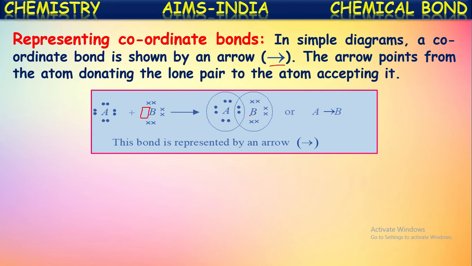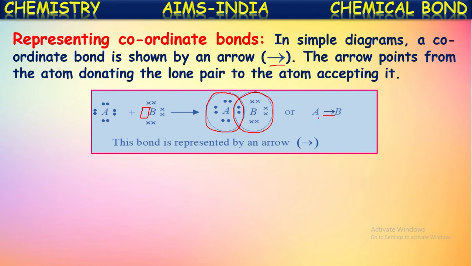Thus, a covalent bond is formed which is called a coordinate covalent bond. By that, A is not getting any extra electrons because it is donating its pair of electrons only. And B is sharing these two electrons of A, and hence it also gets an octet. Okay, thus the bond formed between these two is called a coordinate covalent bond, and it is represented with this arrow mark.